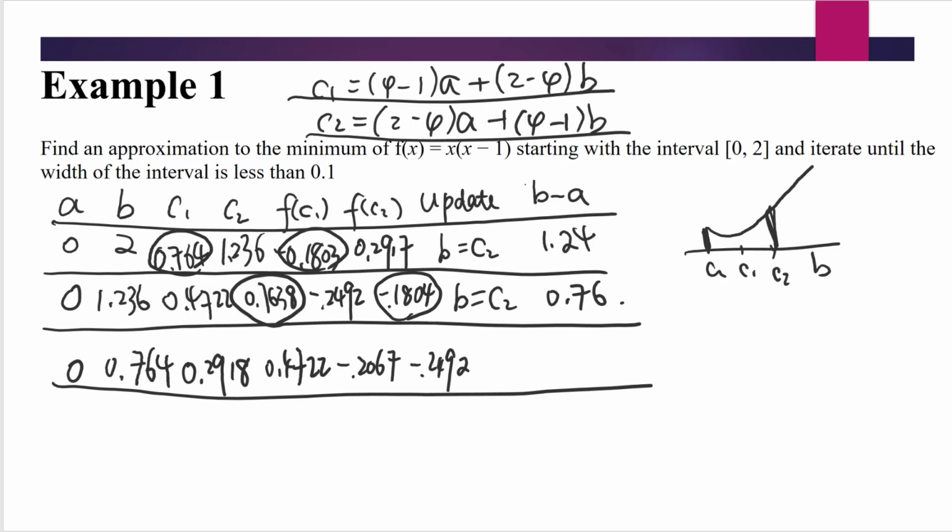So in this case, we have from A to B, and f(C2) is less than f(C1).